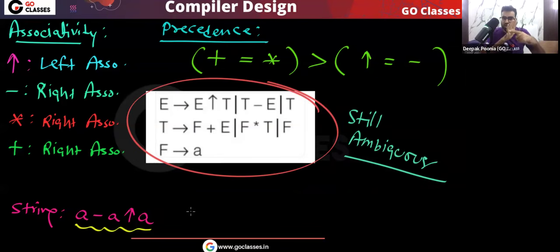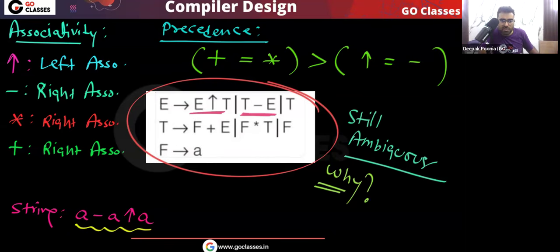Both are enforced, but still this grammar is ambiguous. Why? Because on the same precedence level, some operator is left associative and some operator is right associative. This is the problem.